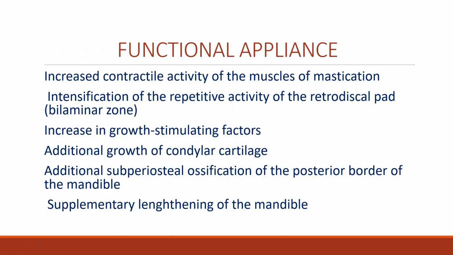Functional appliances are a group of largely removable appliances originally developed in Europe during the late 19th and early 20th century. The majority are designed to correct class 2 malocclusion, primarily by forward posturing of the mandible in a growing child.